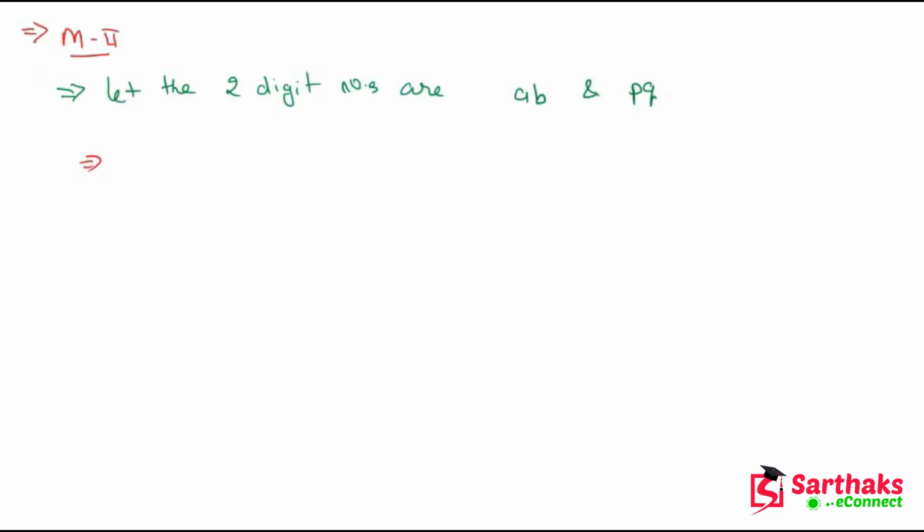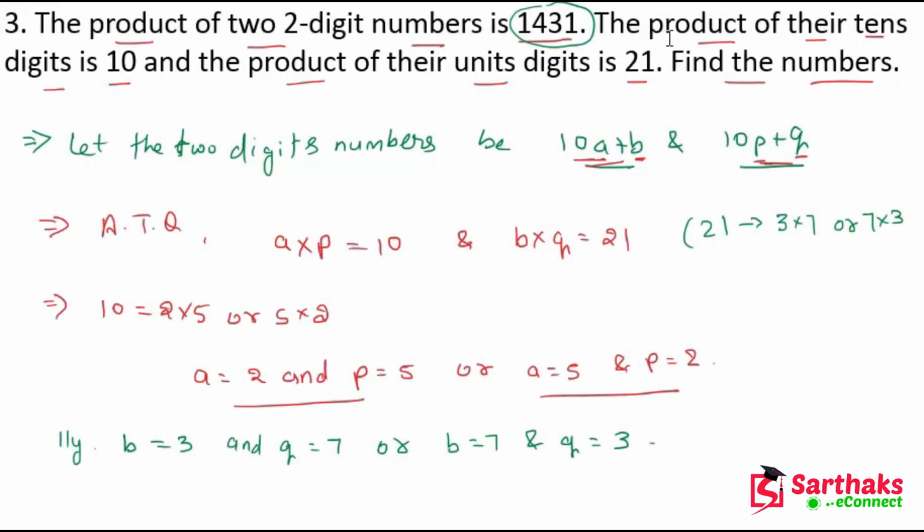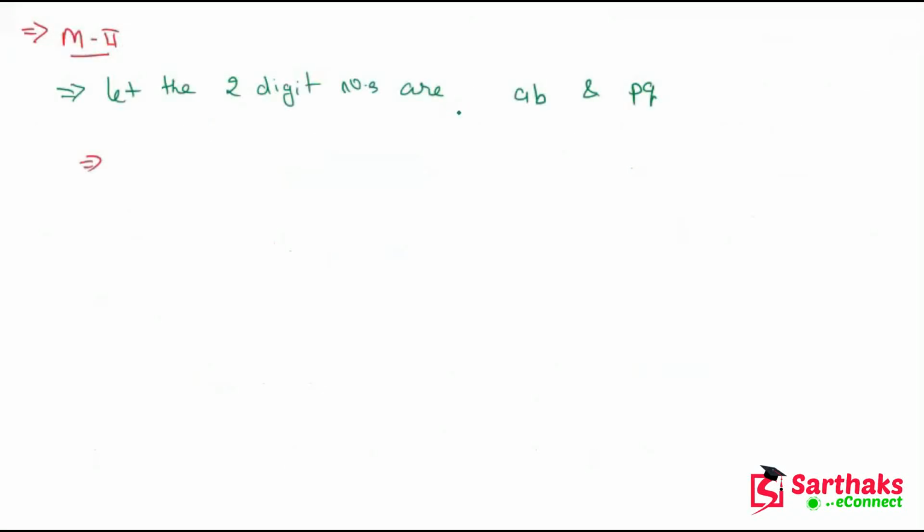Here it is saying that the product of their tens digit is 10. It means A into P is 10. And the product of their unit digit, which is B into Q, is 21.